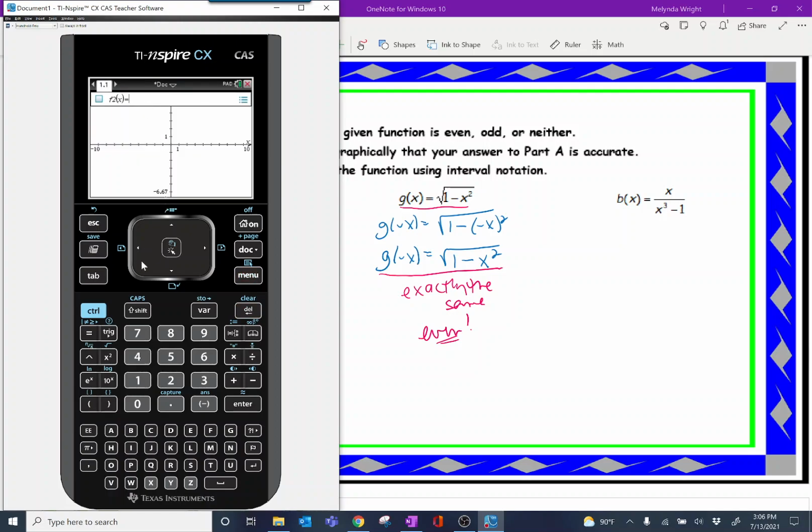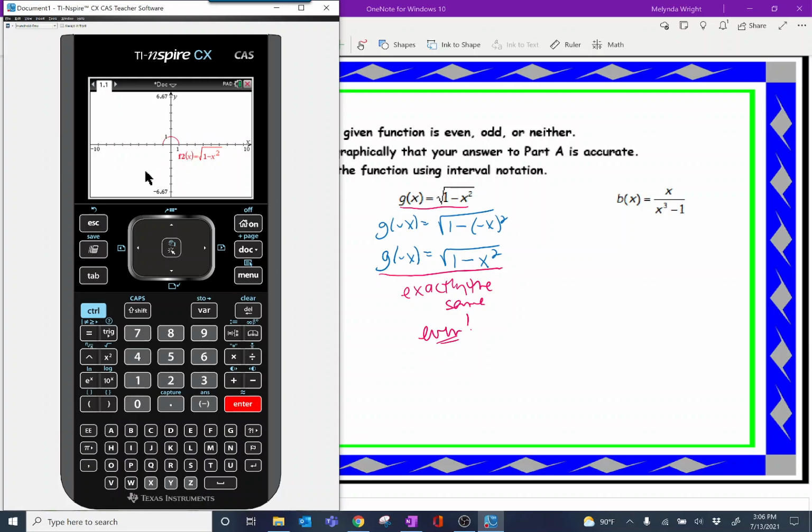So now we want to do the square root of 1 minus x squared. Let's take a look at this one. Oh, look at that. Sure is. That is perfectly symmetrical to the y-axis.